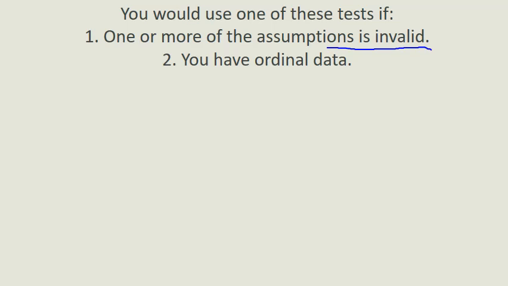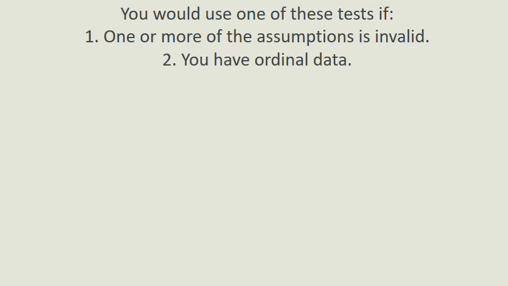So suppose we have a data set that we want to do one-way ANOVA with. Well, after taking a closer look, we see that the data is very non-normal, or perhaps the variances are very different from each other. Remember that constant variance was one of the assumptions of ANOVA. If we can't trust the ANOVA F test because the assumptions are violated, then we can use the Kruskal-Wallis test instead.